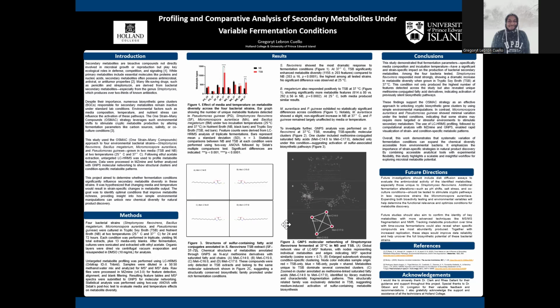Now, as you can see in figure 2, GNPS molecular networking revealed distinct subclusters in flavovirens in tryptic soy broth at 37 Celsius. One cluster that is more noticeable in figure 3 includes methionine-conjugated fatty acids, linked to sulfur metabolism.